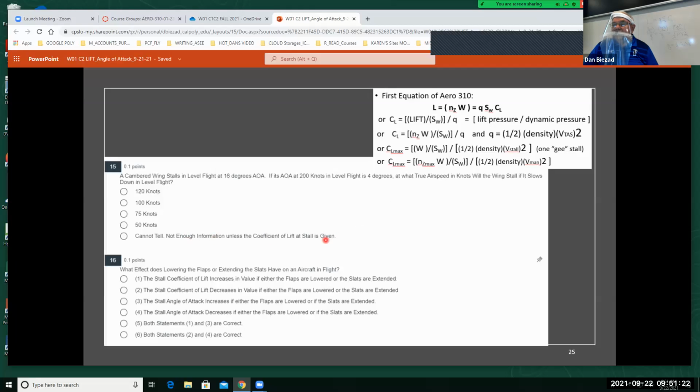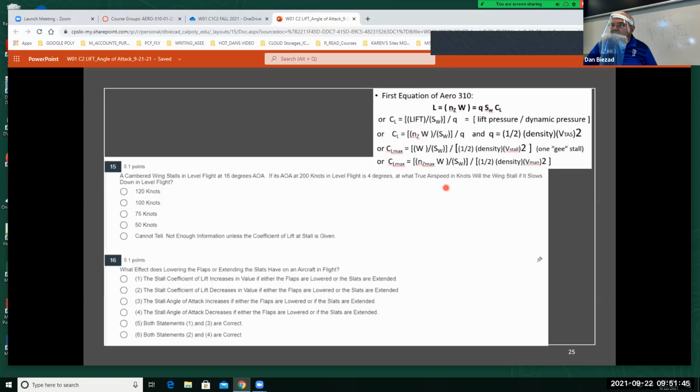Well, I don't have the coefficient of lift, so I'm tempted to look at this one. So what's the factor that AOA changes? The factor of 4, isn't it? So if AOA changes by a factor of 4, what factor does C sub L change? Factor of 4.